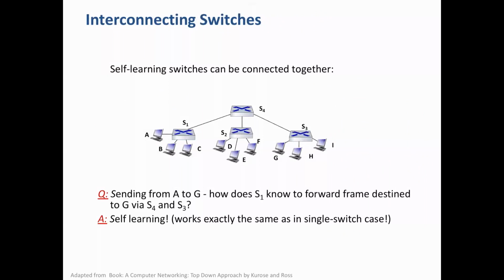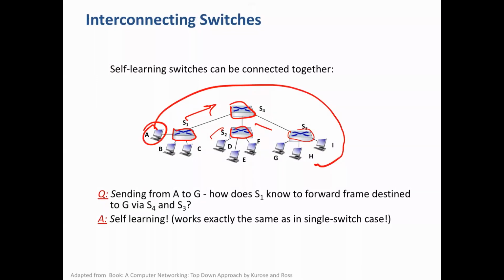Now this learning can happen even if switches are connected in this manner, right? These are switches, they are connected to each other, and this learning will happen hierarchically. So initially, for example, A is sending a message to H. First S1 will learn, as soon as it receives the frame, that A is connected to a particular port, but it doesn't know where H is, so it will broadcast it in all directions.